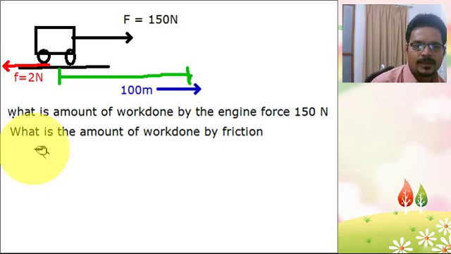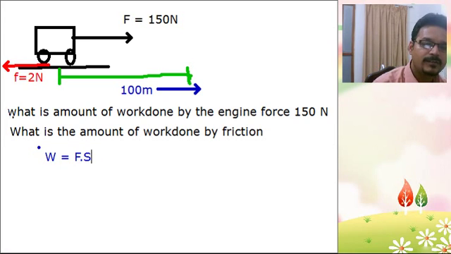As we know, the amount of work done, W, equals F into S. You may have a doubt about why I have not written cos theta. As I mentioned in the first part of this presentation, when theta is 0 degrees, then cos 0 is 1, and here theta is 0 degrees because force and displacement are in the same direction.